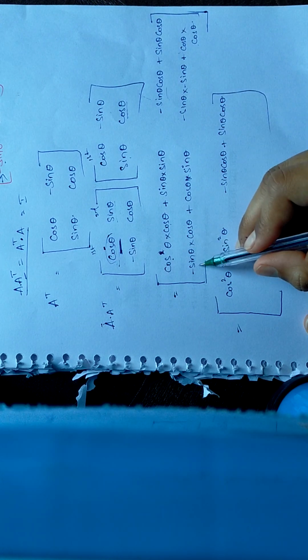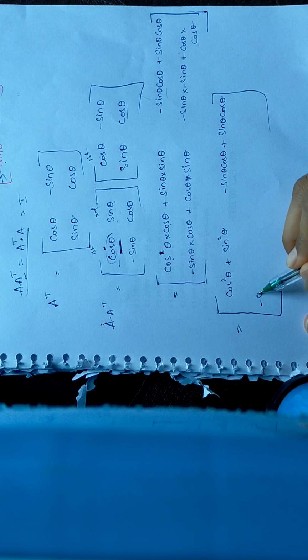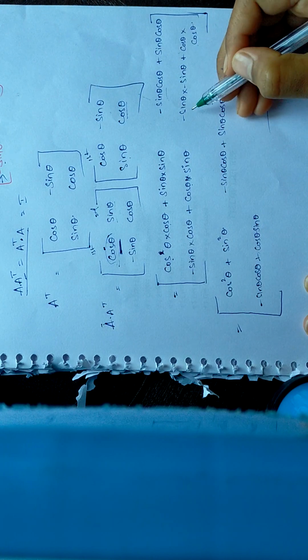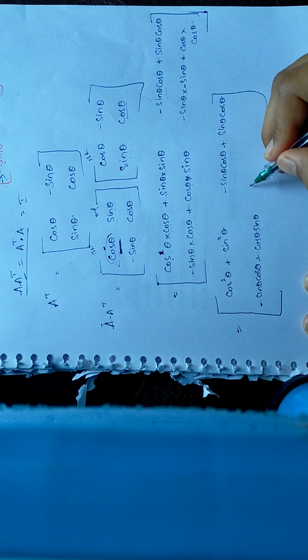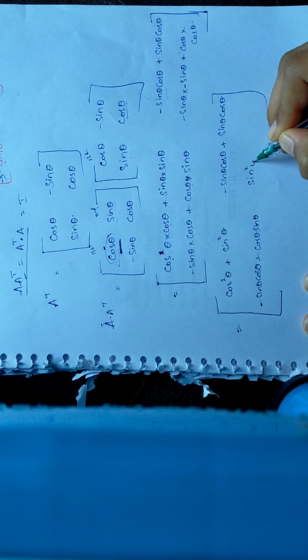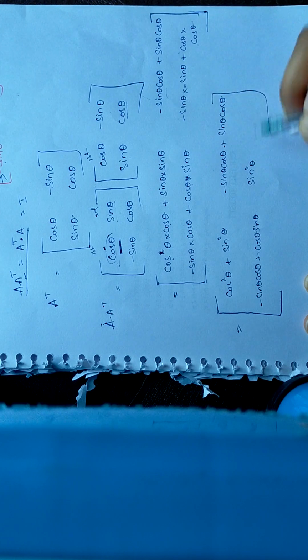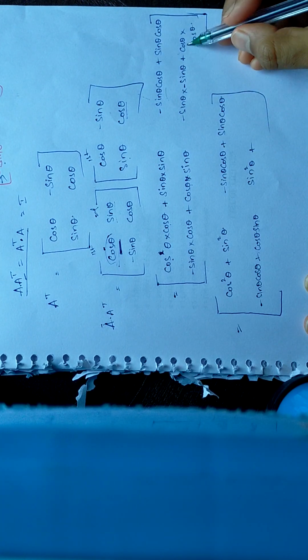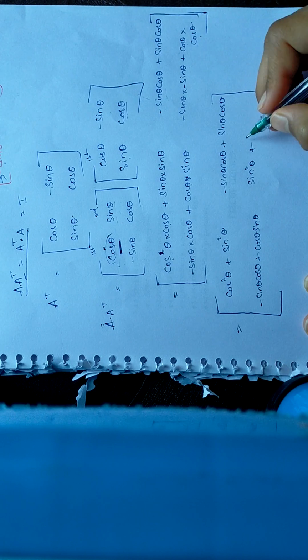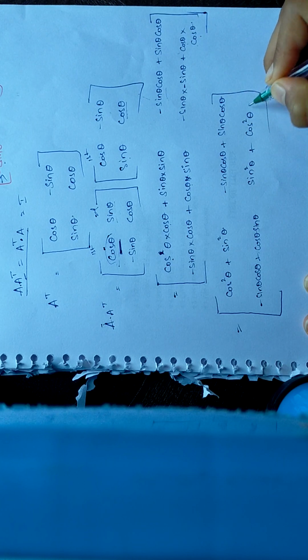Now minus sin theta into cos theta is again minus sin theta cos theta, plus cos theta into sin theta is cos theta sin theta. You can't solve it further. So now again minus sin theta into minus sin theta, sin square theta. Minus into minus is plus. Plus cos theta into cos theta, it's cos square theta.